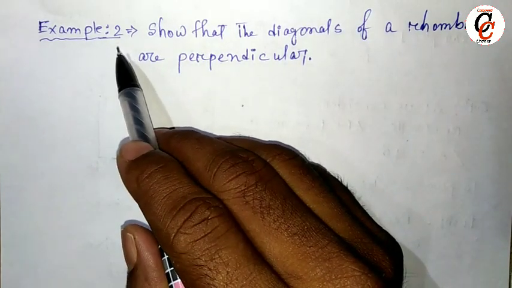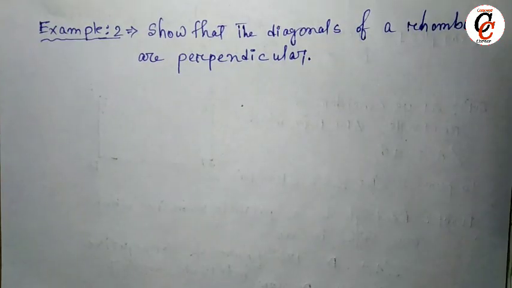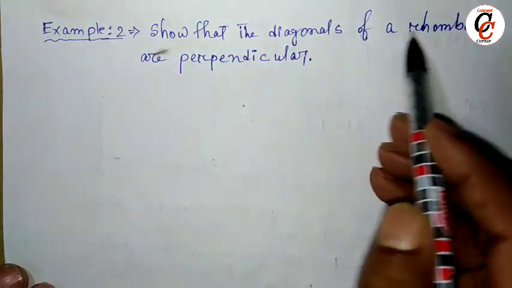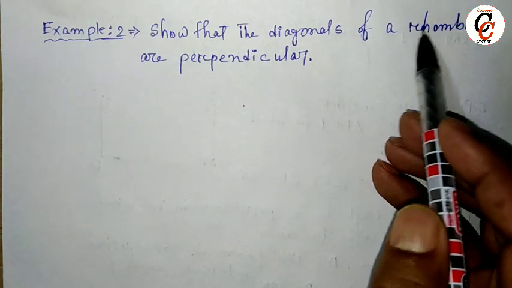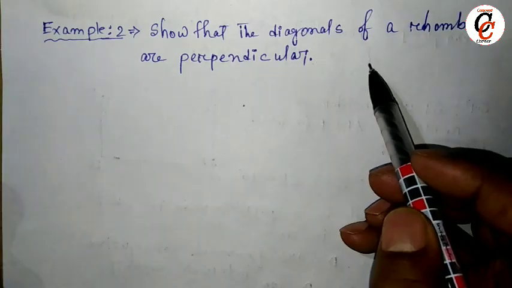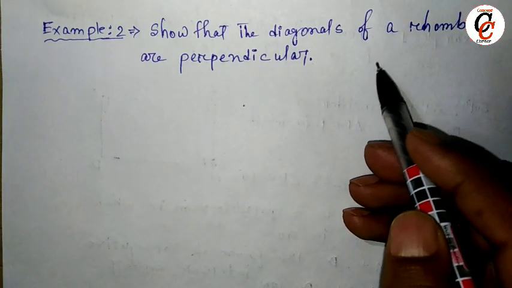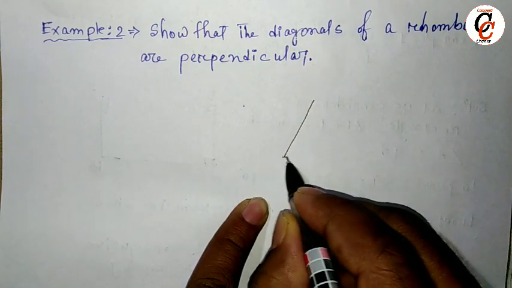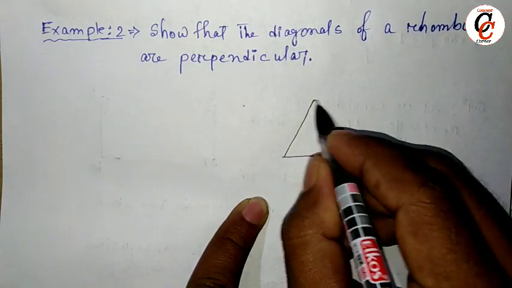Next, see example number 2. Example number 2 is to show that the diagonals of a rhombus are perpendicular. That means in a rhombus both the diagonals are perpendicular to each other. What is a rhombus?